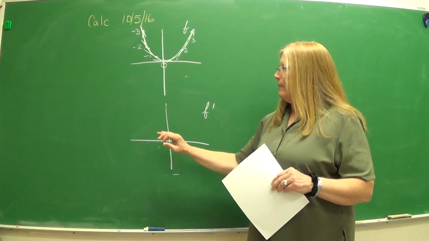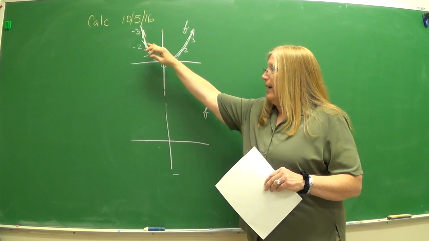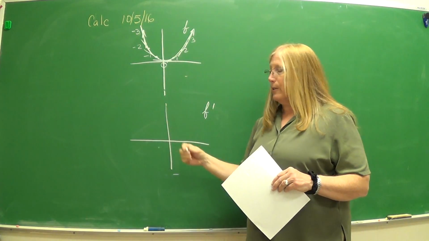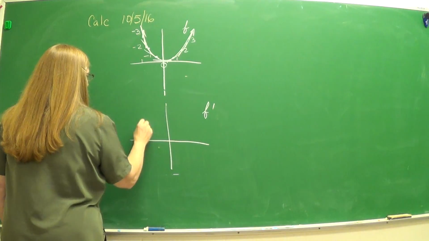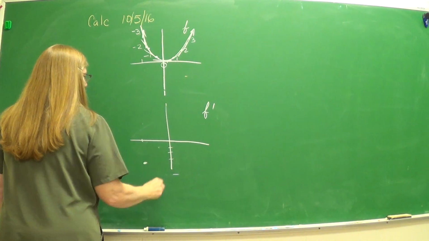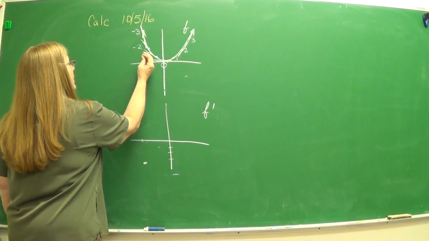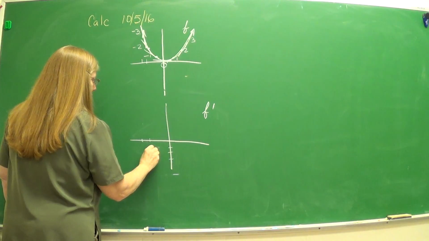So I've got to come up with a picture here of that. Again, say the value of the slope is -3 at this value for x. So down here, I'm going to have a -3. And then when I come in closer, the slope becomes a -2.